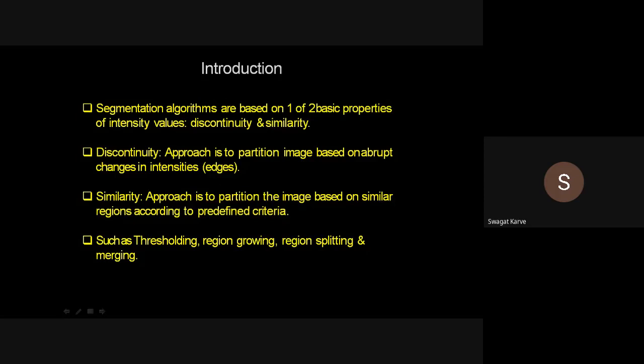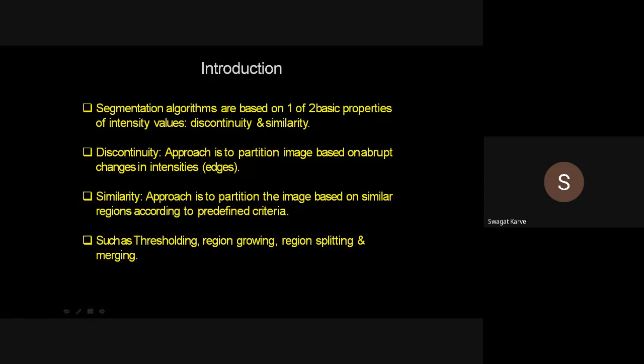As long as I am finding zero, that is okay, that is the similarity. But whenever I start getting 1, 2, 3, 4, that is the discontinuity, that means a change in intensity, right?